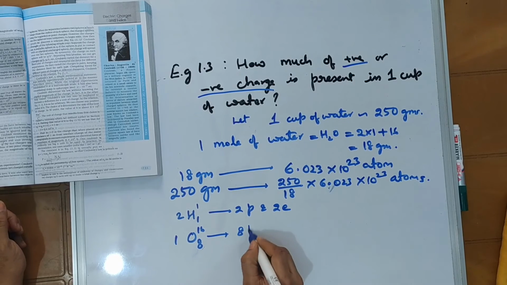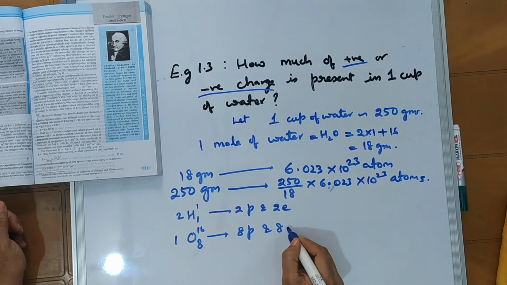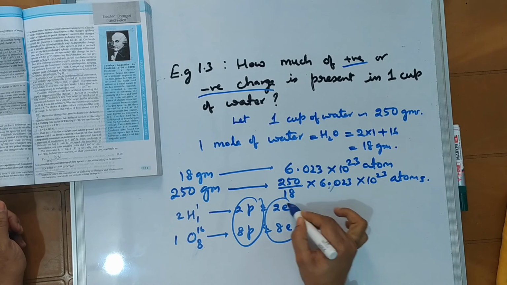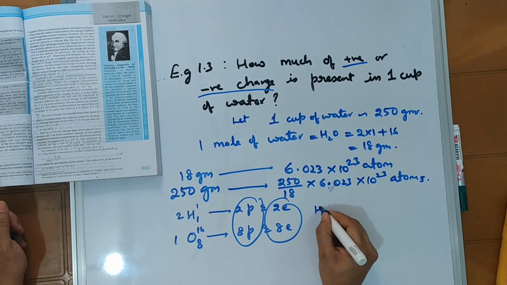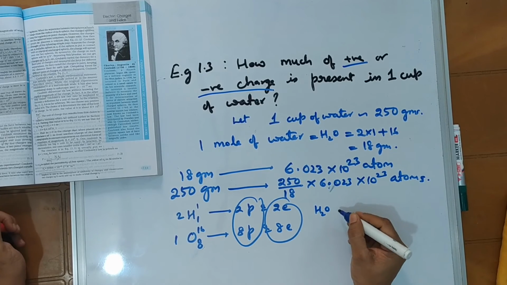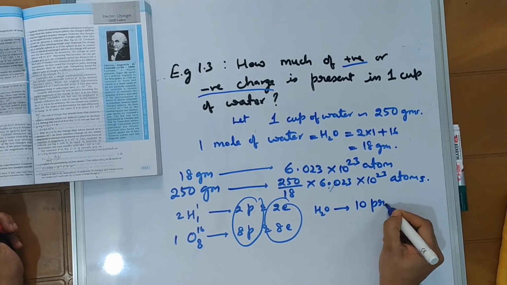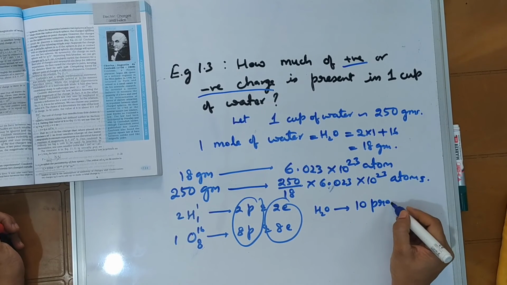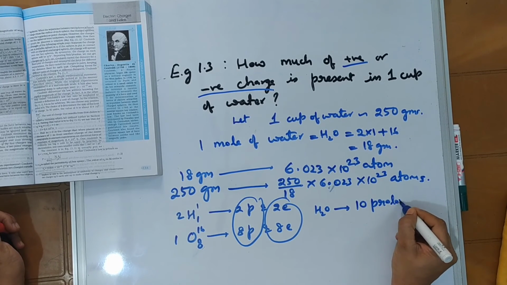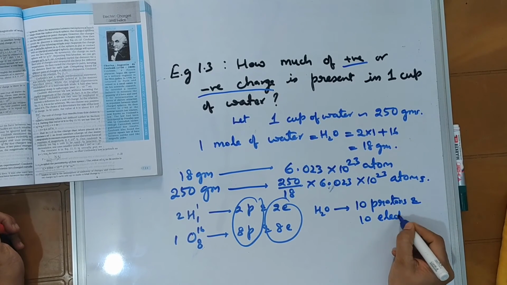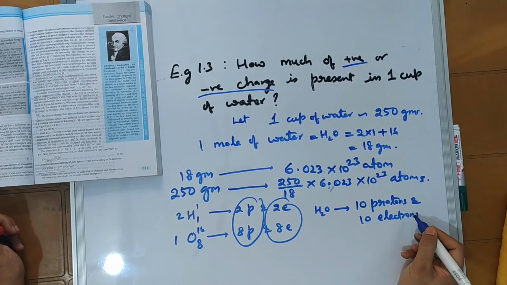Oxygen has 8 protons and 8 electrons. So what does it mean? It means 1 molecule of H2O has 10 protons, or 10 positively charged particles, and 10 negatively charged particles, 10 electrons.